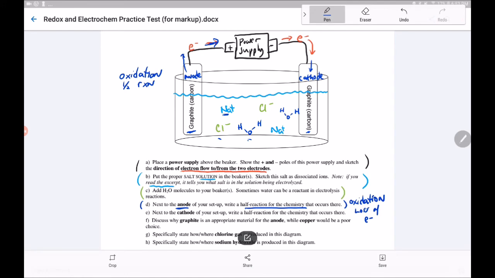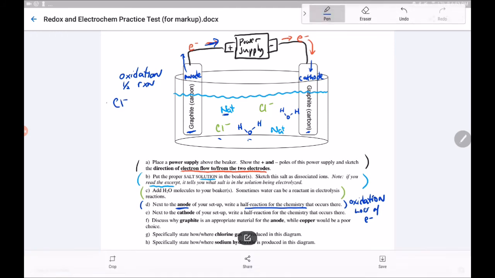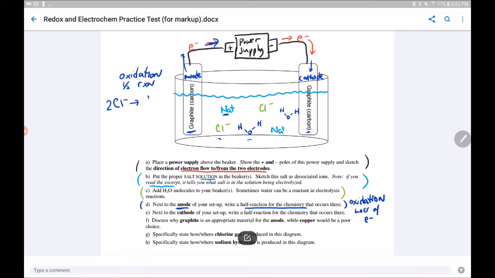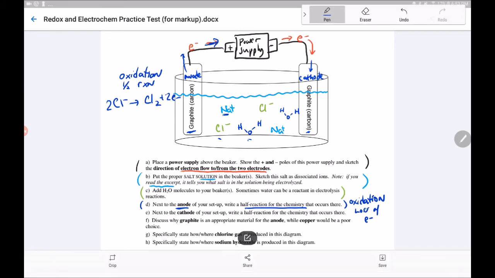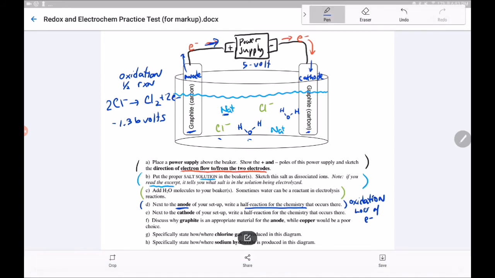The whole purpose of this setup is to make chlorine gas. Make elemental chlorine. So this is how elemental chlorine is made, through an oxidation half reaction. It is negative potential, but it's okay because the power supply might be a 5-volt power supply, and that will make it happen.